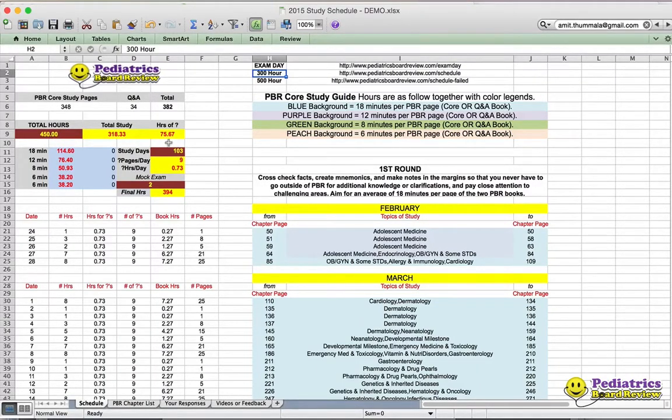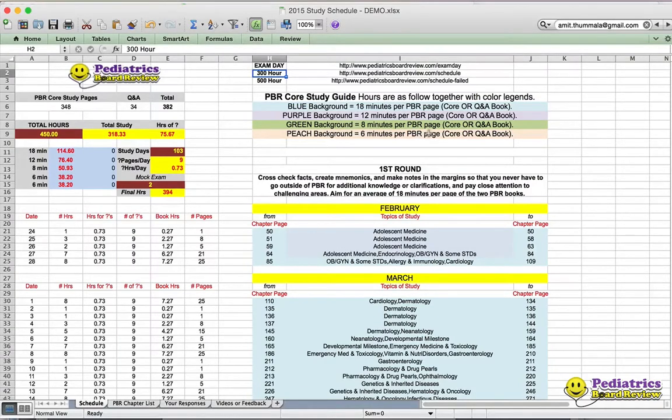And this over here refers to the amount of time that you're going to be studying the core material. So that refers to this information over here. And then also the number of hours that you're going to be dedicating to the art of question answering. So the practice questions. So this is the number of hours for questions. Okay.